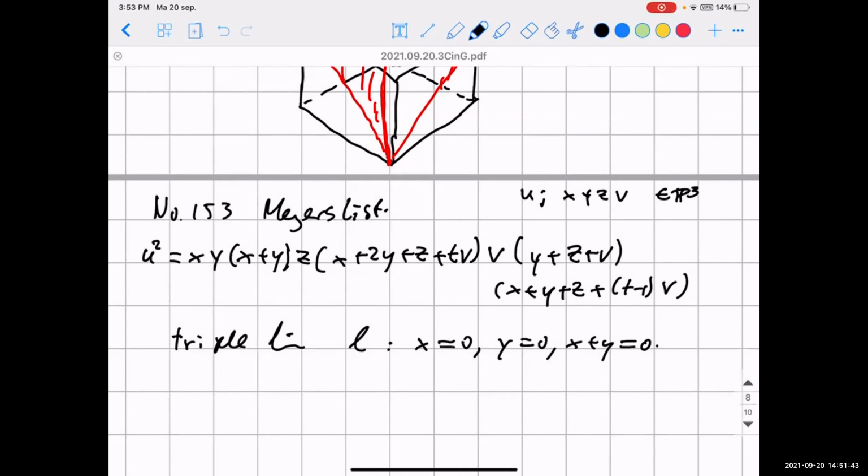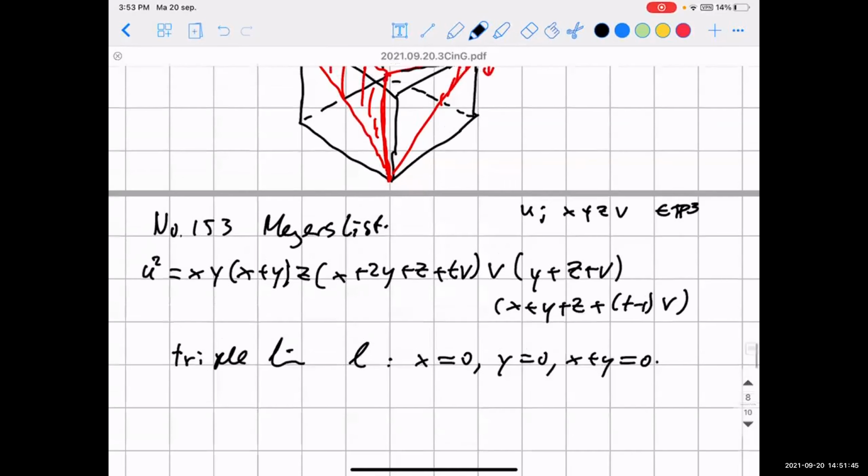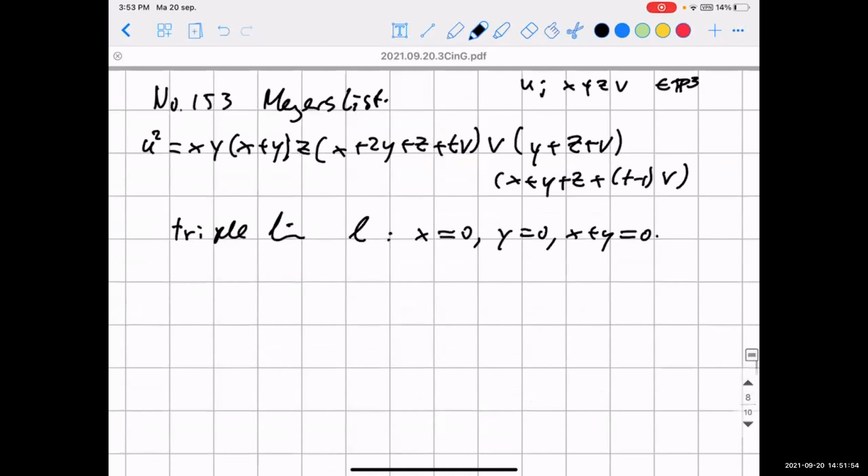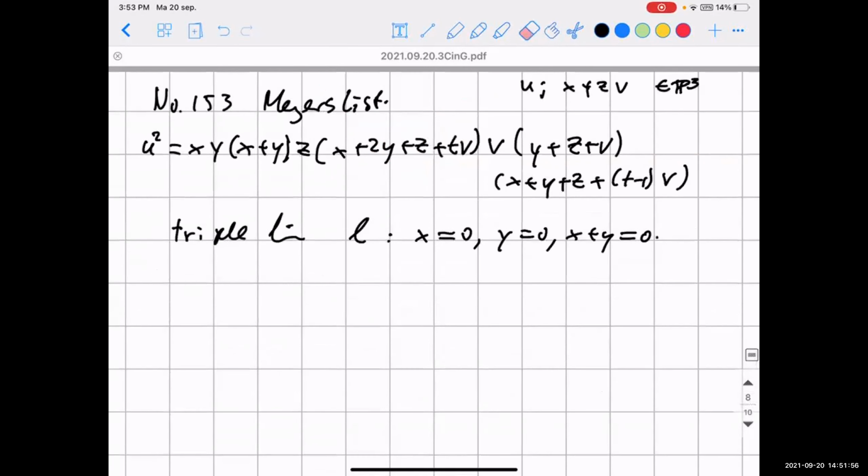It's rather complicated. You have a completely explicit equation, but to understand what is going on is not so simple. But it appears that there are two planes. These are the planes Z, given by the fourth and the fifth factor in this product.